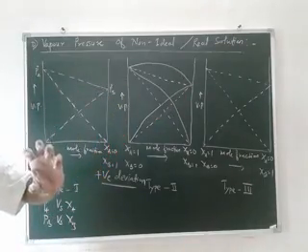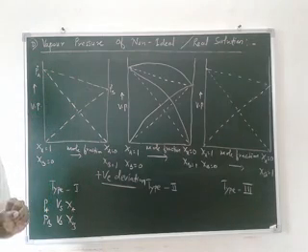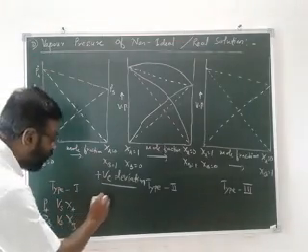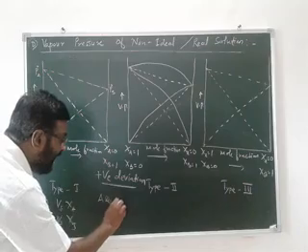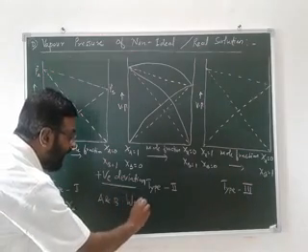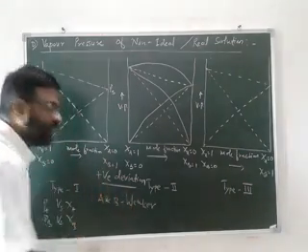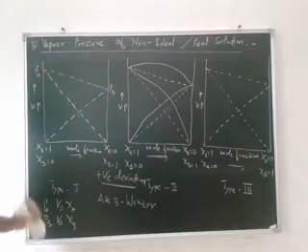So why does the real solution show the positive deviation? This is a very important point. It is because the force of attraction between A and B is weaker.